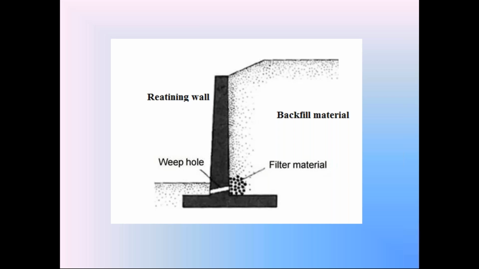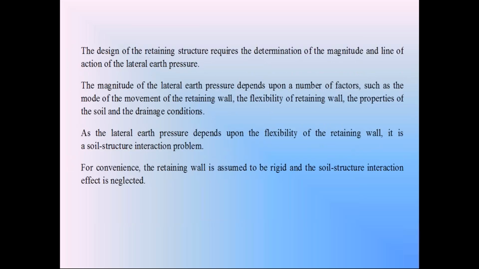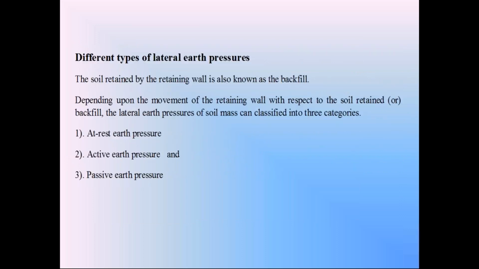Depending on the condition of retaining walls with respect to the backfill soil material, we have three types of lateral earth pressures acting on the retaining wall. Lateral means horizontal. Please keep this in mind.